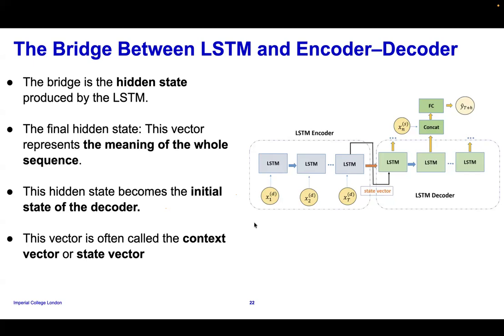For example, if I have a sentence, passed in from one word to another up to the last word, the whole meaning of the sentence is now compressed into this. The hidden state becomes the initial state of the decoder. This vector is often called the context vector or state vector. So this is the idea of the encoder-decoder.